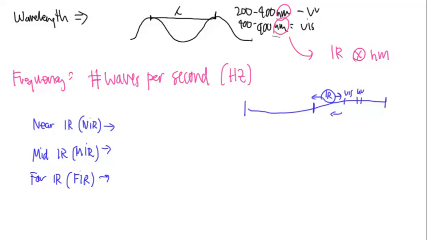And because of that, we have a near infrared, which basically means it's near the visible part of the spectrum. Then we have the mid infrared, which is a little bit further away. And then we have the far infrared, which is way, way out yonder. Okay? So this is basically in relationship to the visible portion of the spectrum.